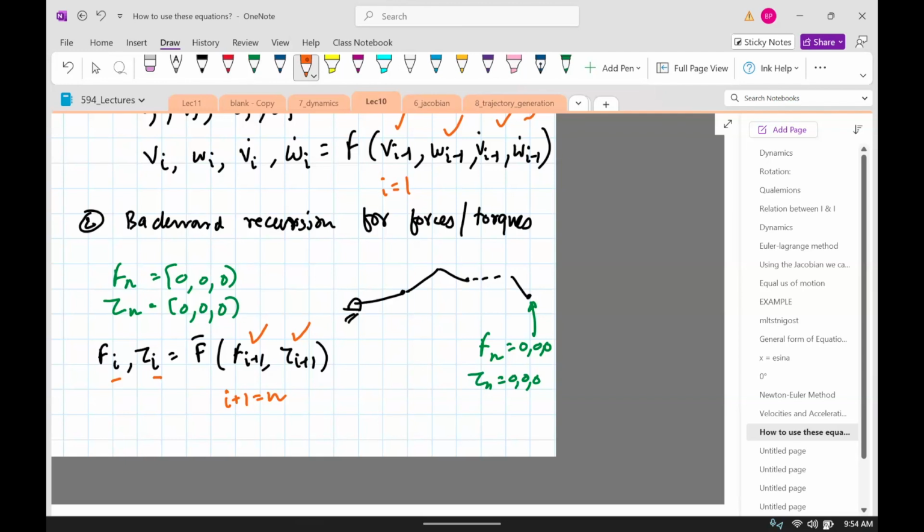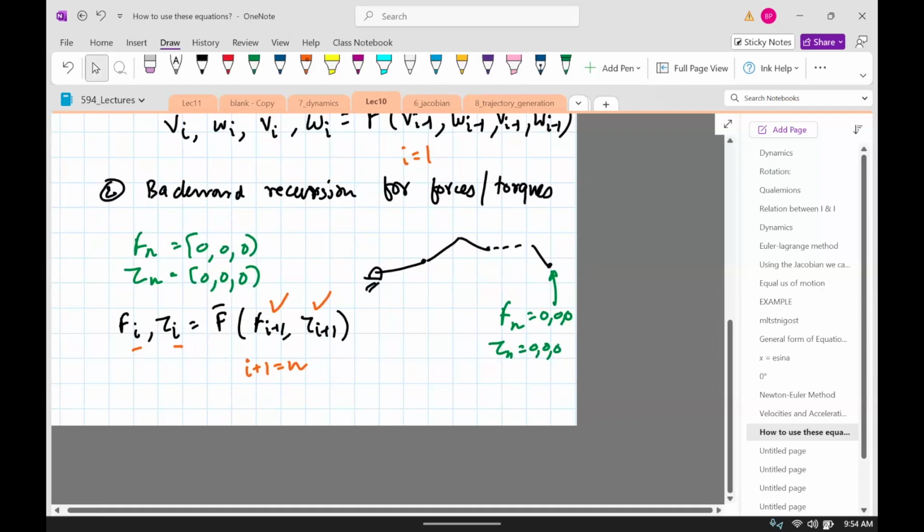Once you have all that, all you need to do for the revolute joint is this: the equations of motion, which is what we're after, will be inside the torque. The force here is 3 numbers, fx, fy, fz. Torque is 3 numbers, tau x, tau y, tau z. To get the torque or the equations of motion, you need to look at the degree of freedom which corresponds to the axis.